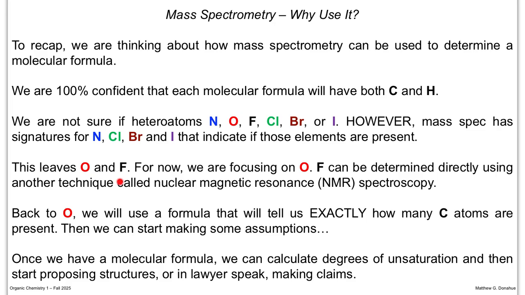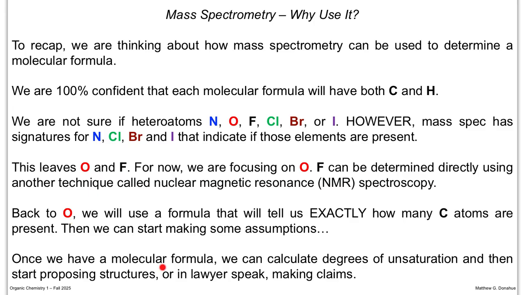We know fluorine's not in testosterone, so in our thought experiment, we're not going to consider it. But we can detect fluorine directly through NMR. We maybe won't cover that exactly in this module, but you can detect that directly. So we're making this assumption that oxygen is going to be the other heteroatom.